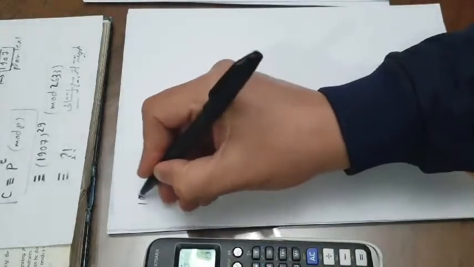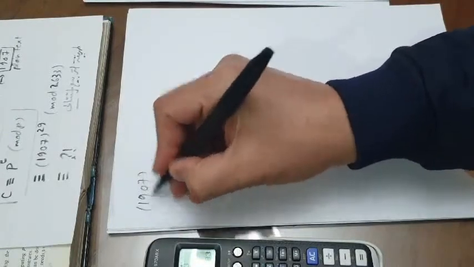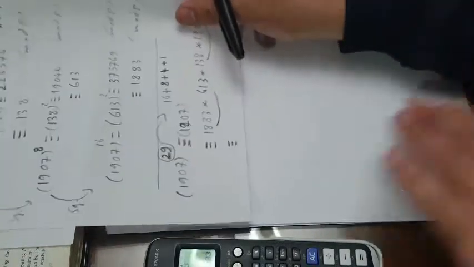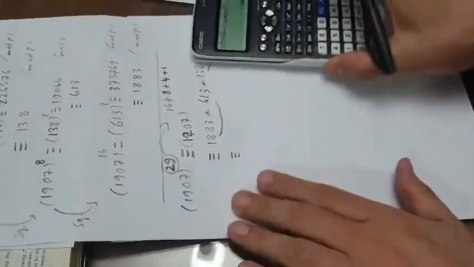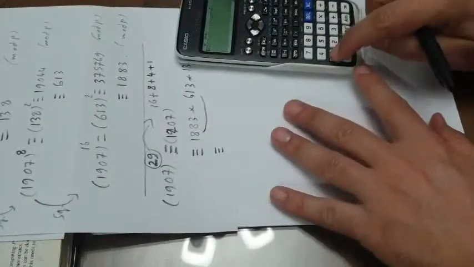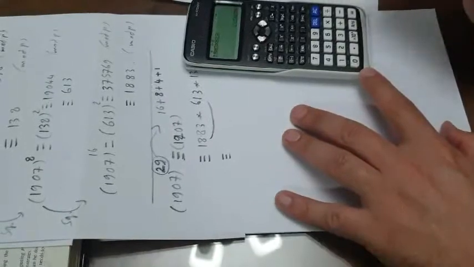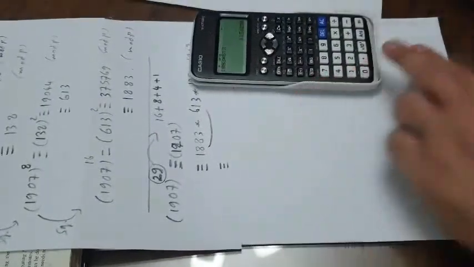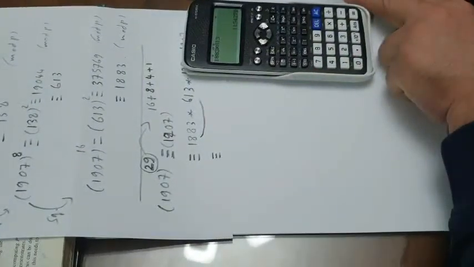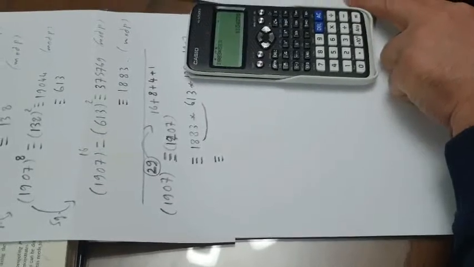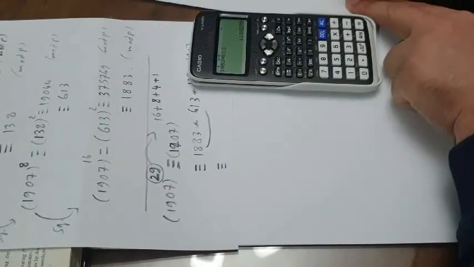So 1907 power 29 is congruent to, so let's do this. 1883 times 613 is this big number, 1154279.